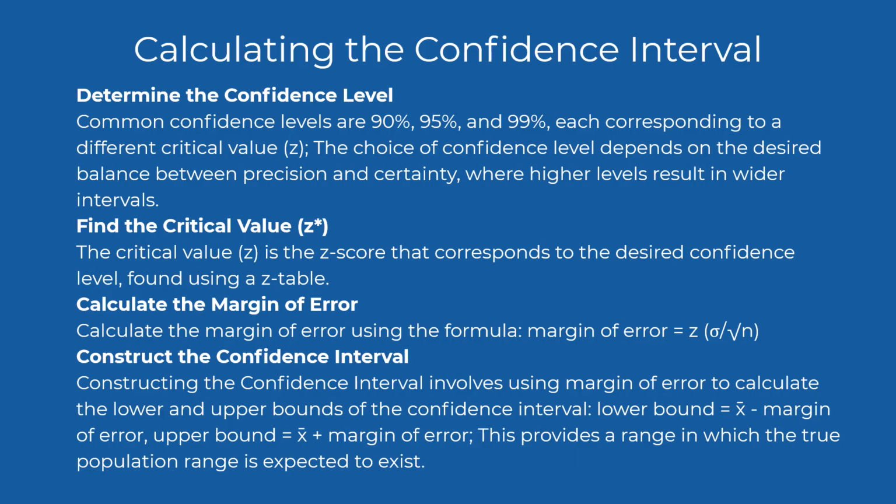So now this gives us a range in which the true population mean is expected to exist. It's no longer a single value for the point estimate, but a range of values to speak about the true population mean. Okay? So this is the process in calculating the confidence interval.